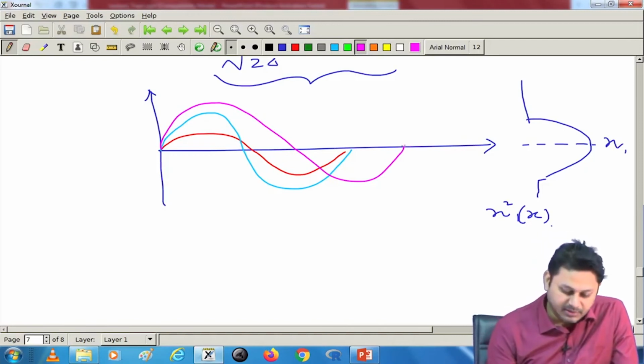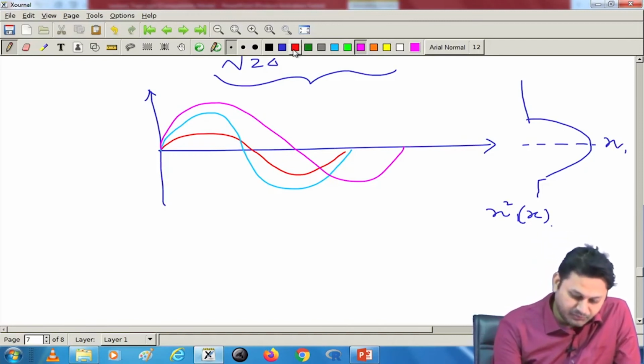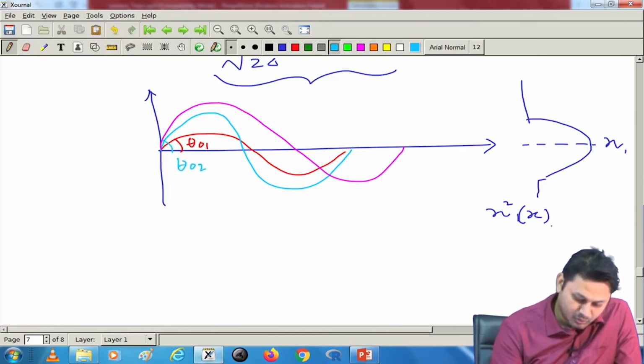Mind it, depending on the value of these angles, for example, here this angle is say theta 0 1, this initial angle is theta 0 2 for another ray, the initial angle for this ray is theta 0 3, and so on.